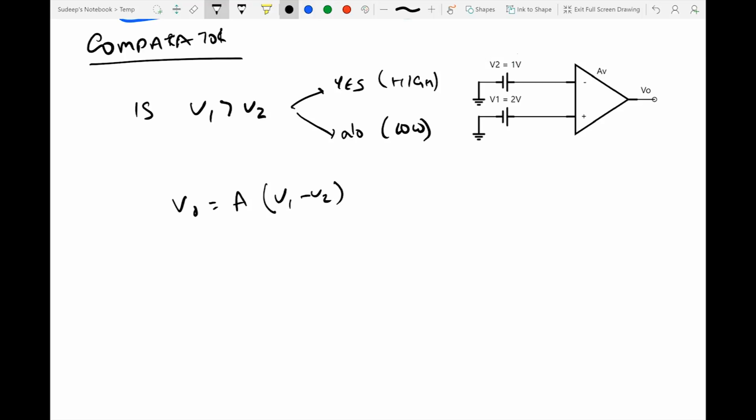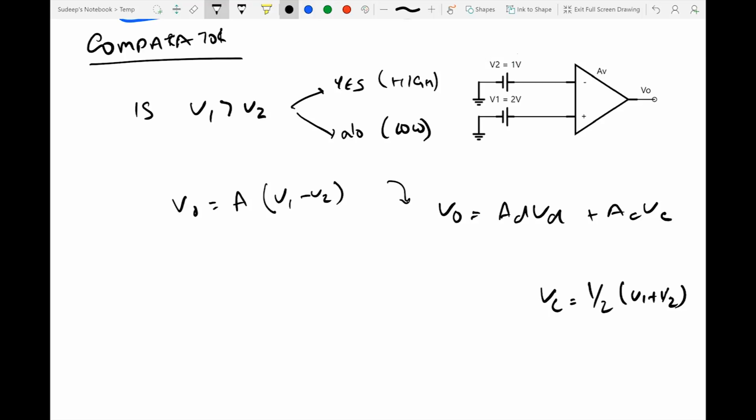Practically, the equation we would get is actually AdVd, which is amplification of the differential voltages times the differential voltage, plus AcVc, where Vc is actually 1 by 2 times V1 plus V2.